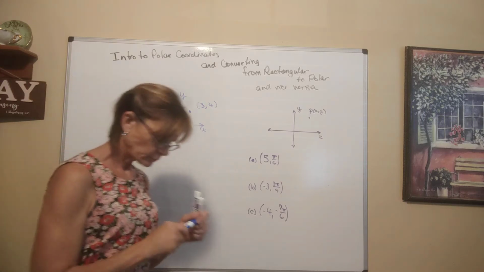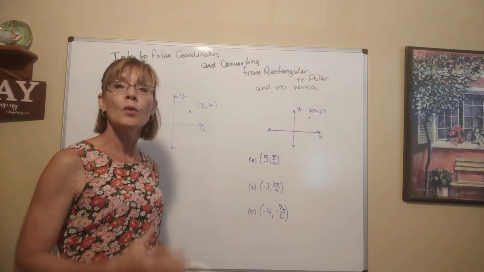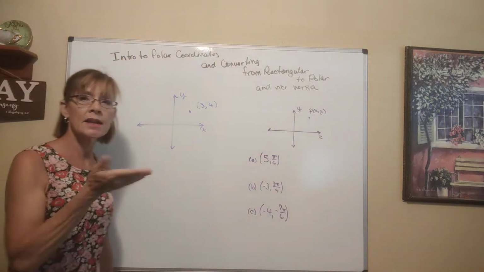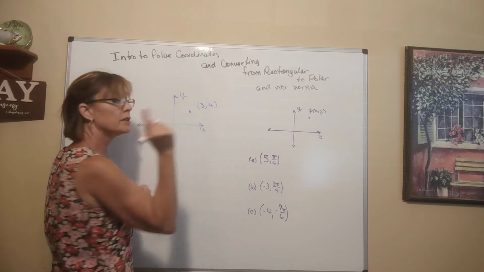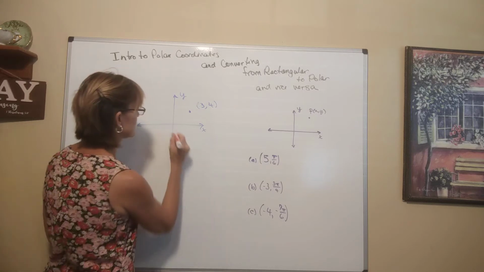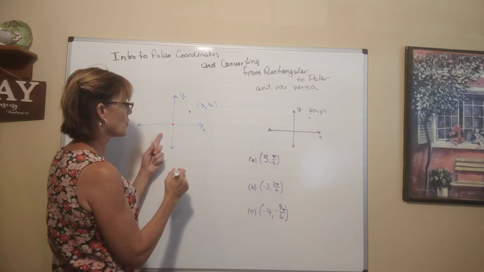What if we want to describe that in the polar coordinate system? The polar coordinate system has an origin just like the rectangular coordinate system. So in red, I'm going to draw a polar coordinate system. It starts with a pole right here at the origin.